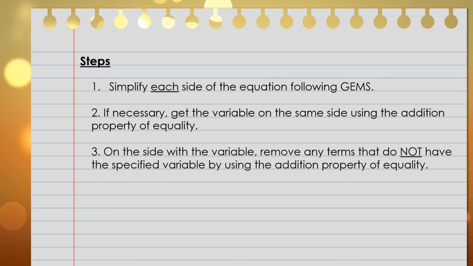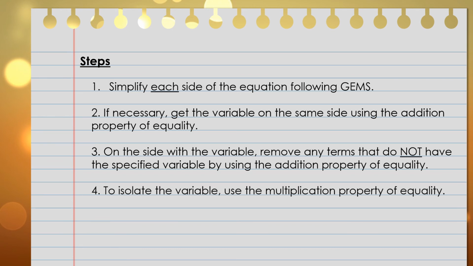Step 3, now that all the variables are on the same side, remove any terms that do not have the specified variable by using the addition property of equality. Step 4, to isolate the variable, use the multiplication property of equality. And remember, you can check your answers by plugging them into the original problem.